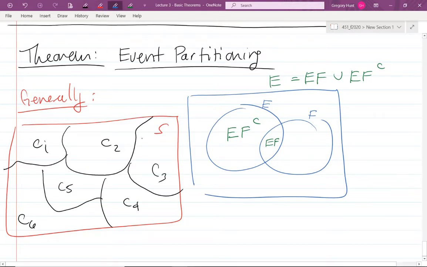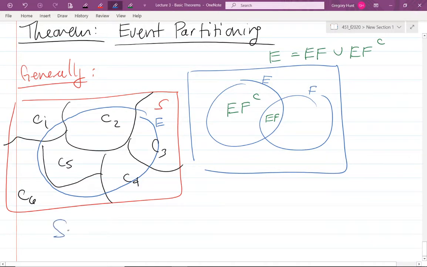If I take some event E, which I'm going to draw in blue here, I can similarly write E as the union of the intersection of E with each of the parts of the partition.